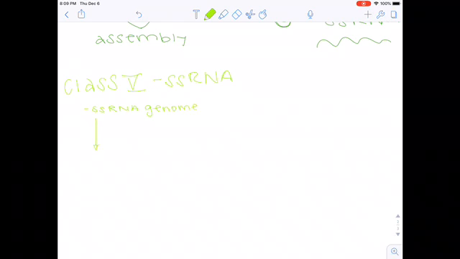And we're going to use RDRP to get to the antigenome. So just like before with the positive where we went to the negative, right here we're going from the negative to the positive. Then we're going to keep going with RDRP, and we are going to go back to the single-stranded RNA genome.